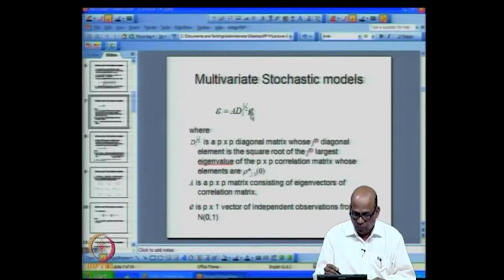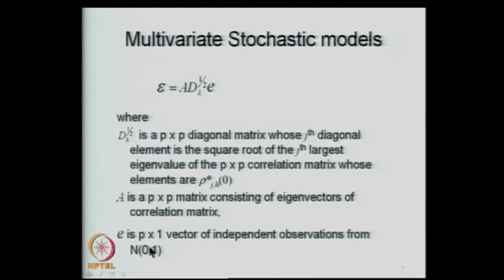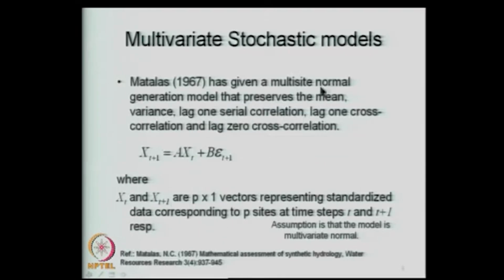Now, we will come to E. What is this E now? E is a p by 1 vector of independent observations from N(0, 1). So, this is essentially the standard normal variate. So, E is p by 1.